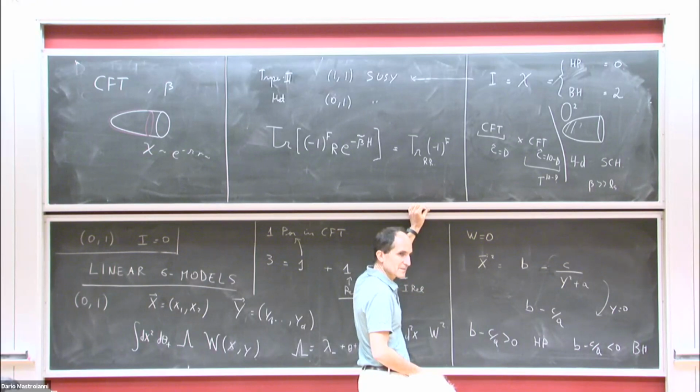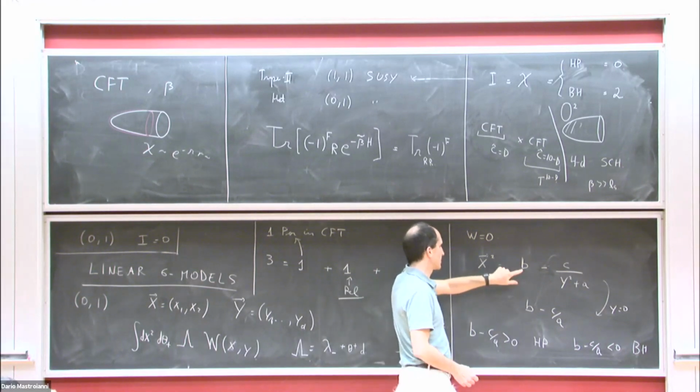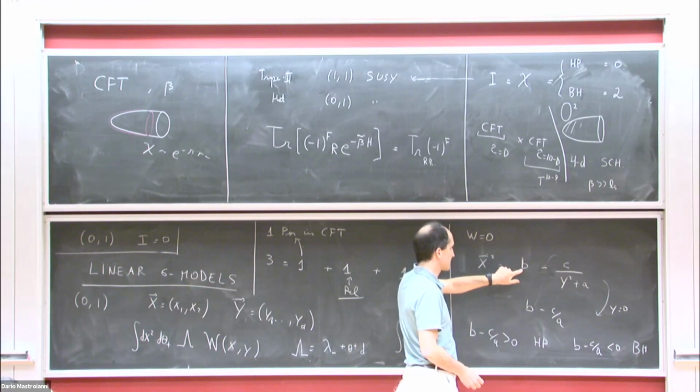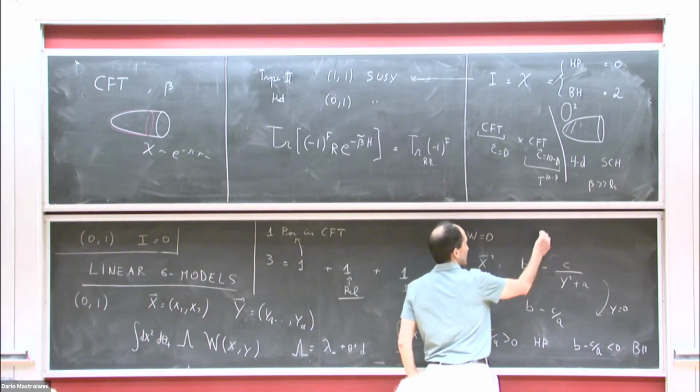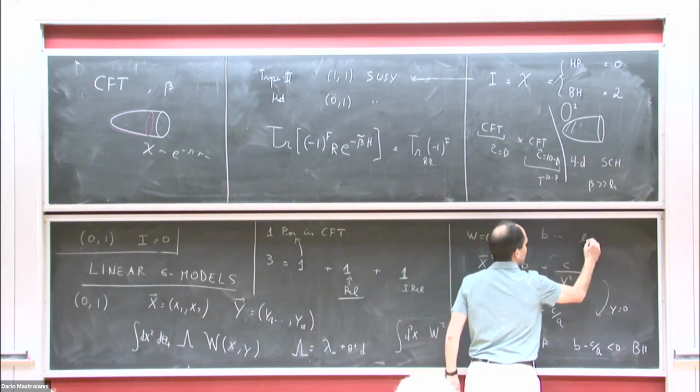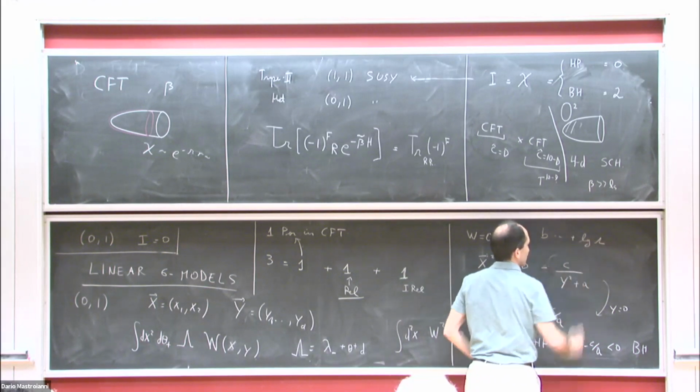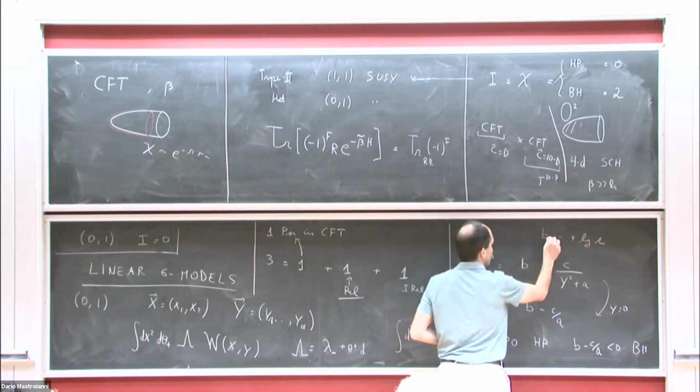Well, I guess you can see that there is a logarithmic divergence that grows with the cutoff. So B will behave like log of lambda with a positive coefficient. That's the B part, right?